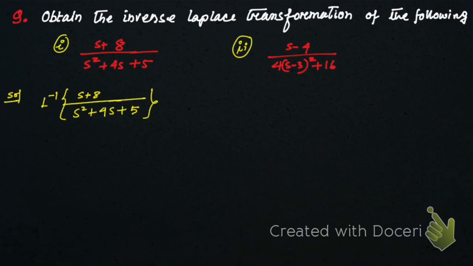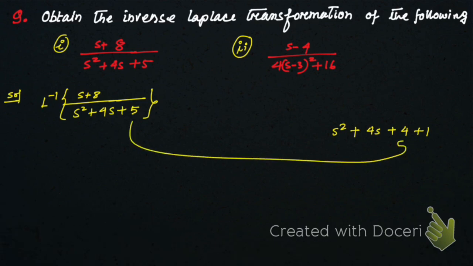So here you can see this denominator can be written this way. Let me show you. It can be written as s square plus 4s plus 4 plus 1. So this 5 can be written as 4 plus 1.